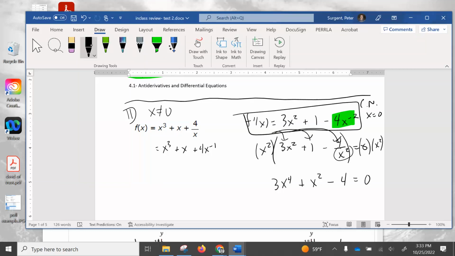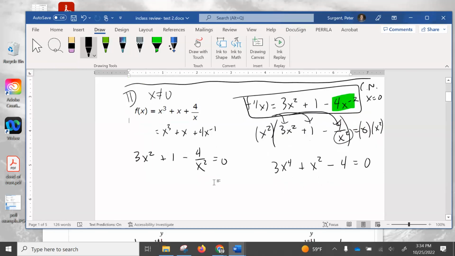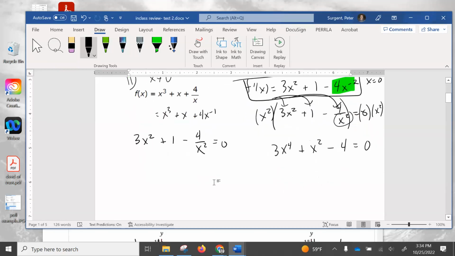Here's the safer thing mathematically. I would do this and just remember that a critical number is x equals 0. The safer bet is to just make this one fraction, right? Because then we'll have a true rational expression equal to 0 with a denominator that we can consider. So that would be the LCD.